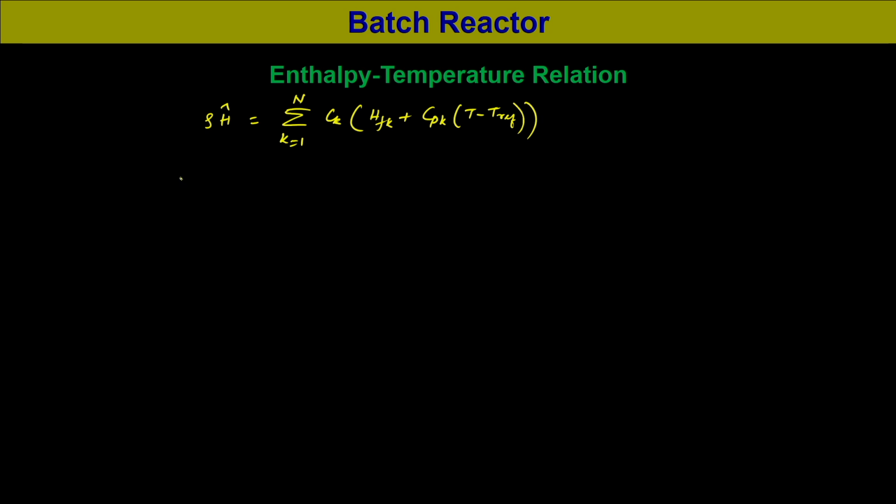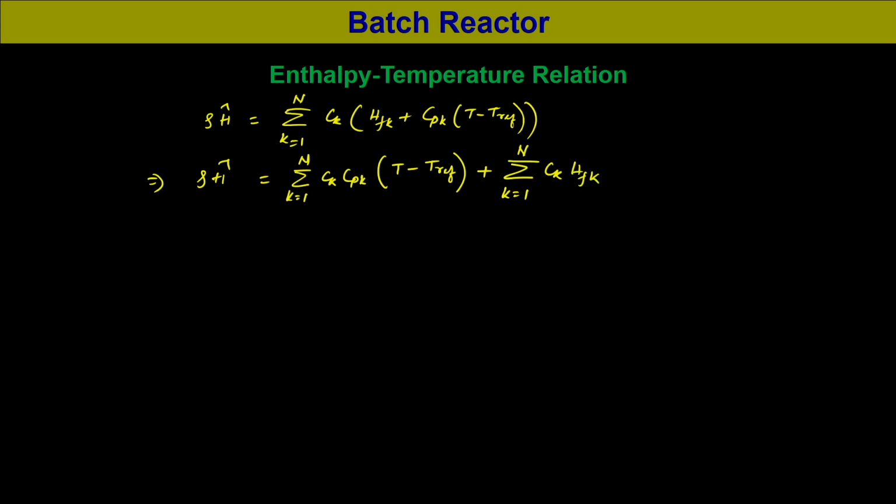Now, if we simplify this, rho H cap would be equal to summation over k is equal to 1 to N of C k C p k into T minus T reference, plus summation over k is equal to 1 to N of C k H f k.